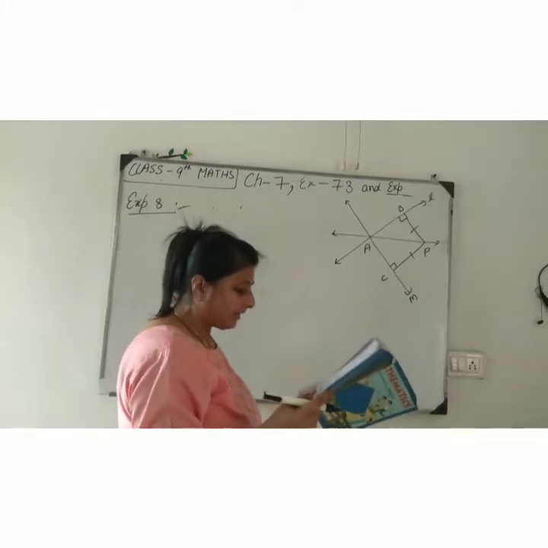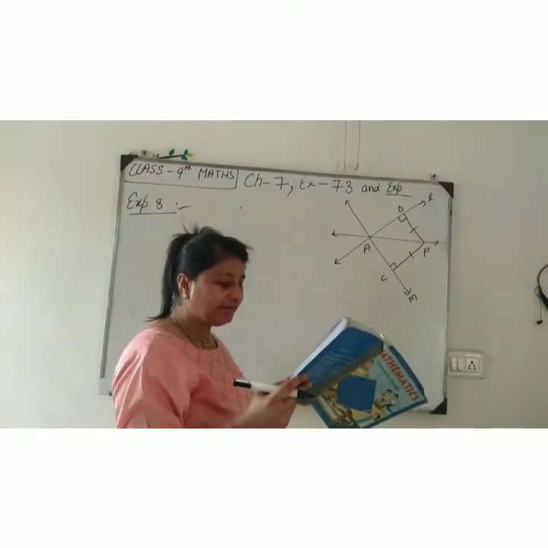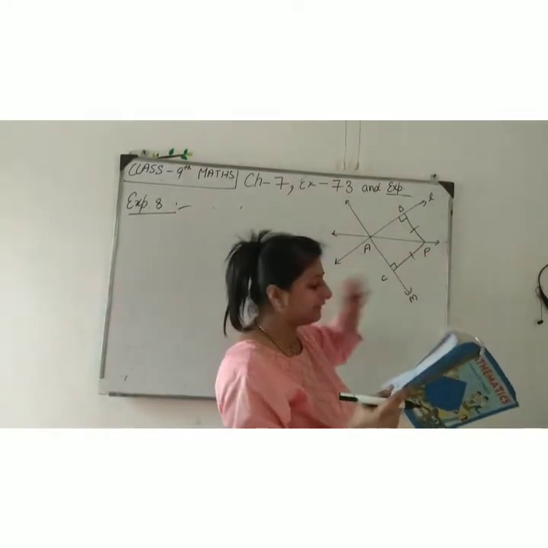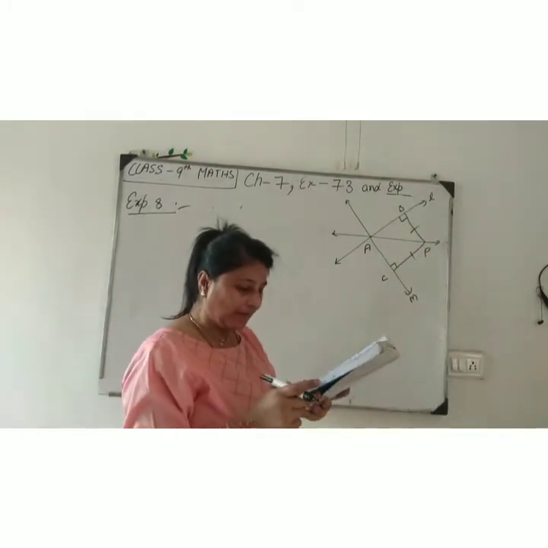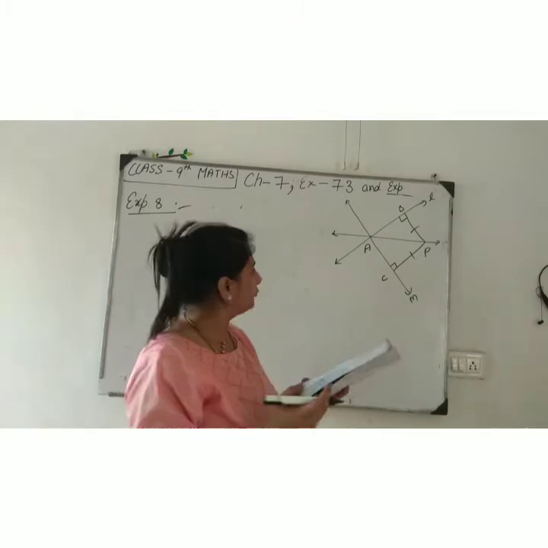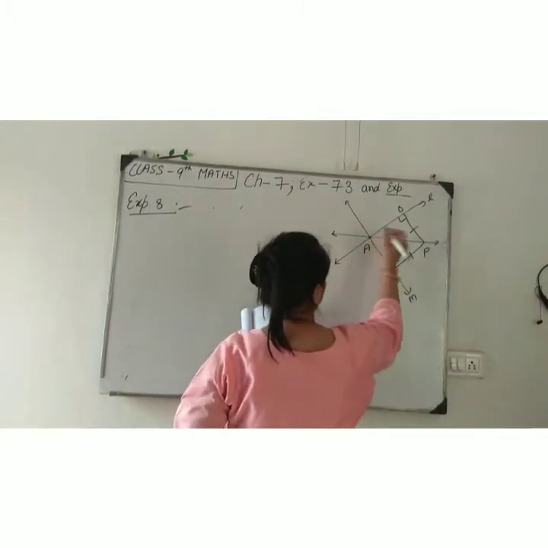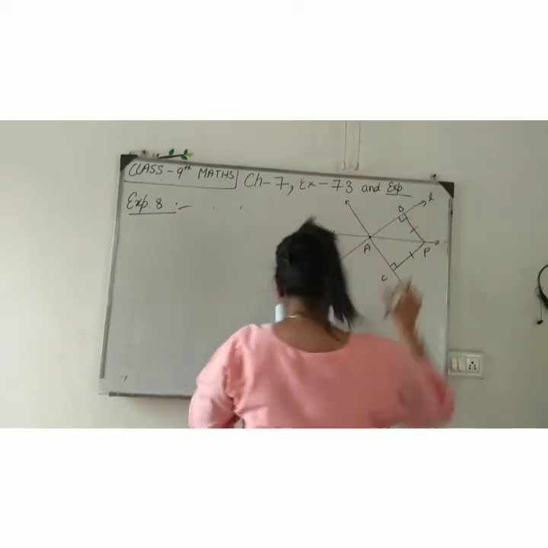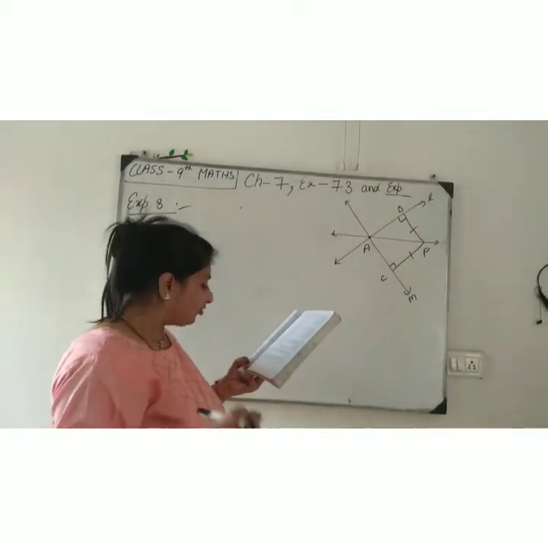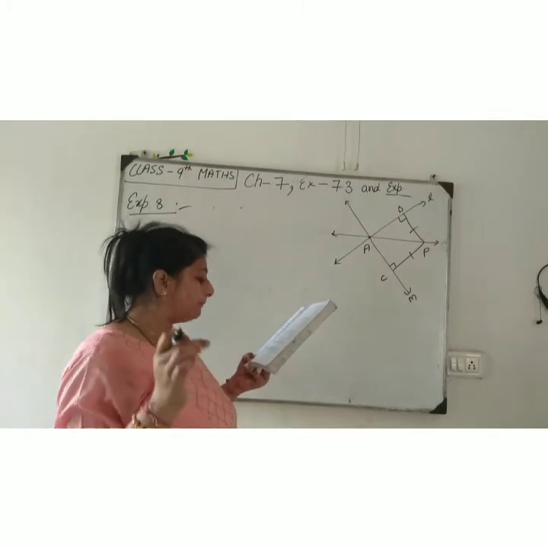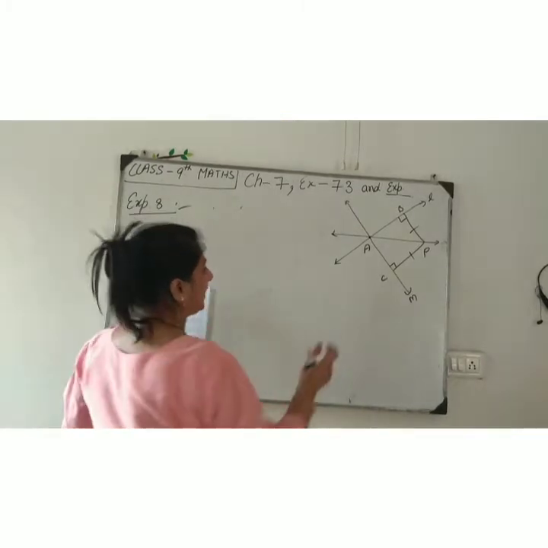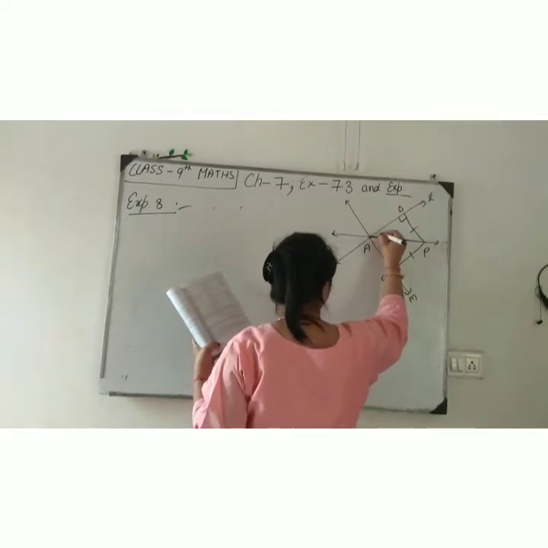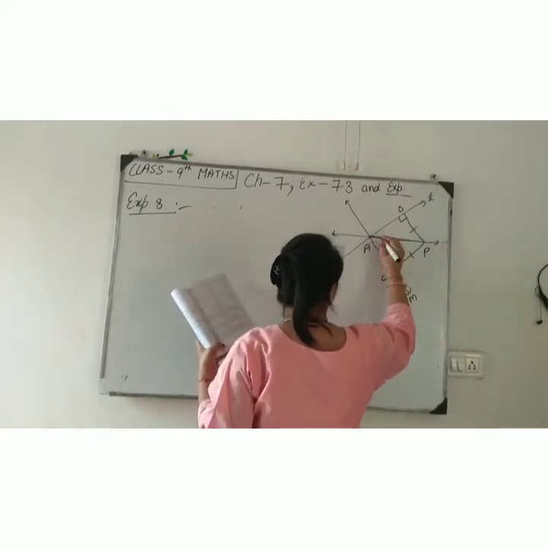Example number 8. P is a point at an equal distance from two lines L and M. What do I have to prove here?